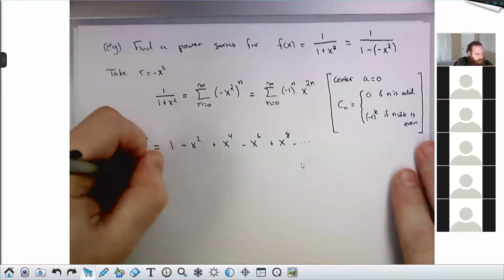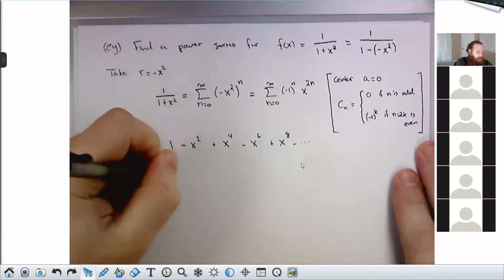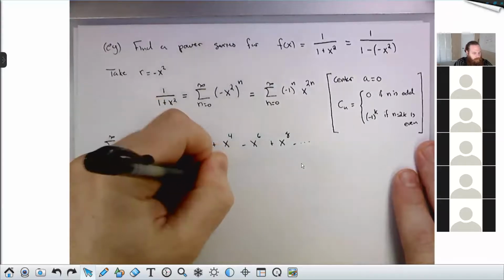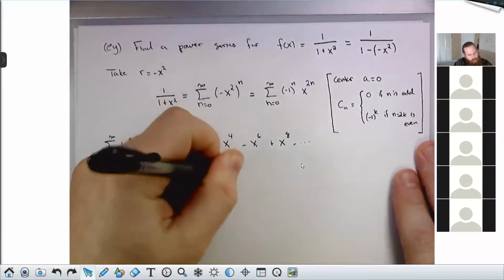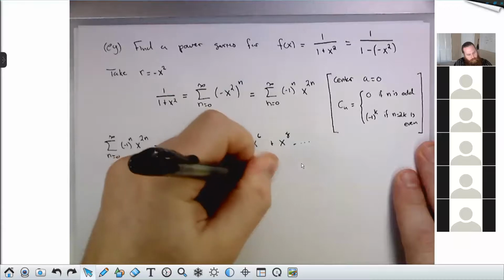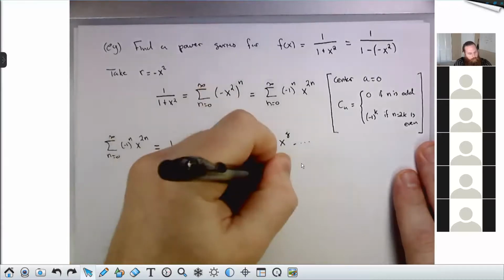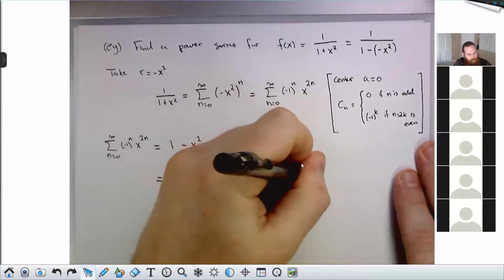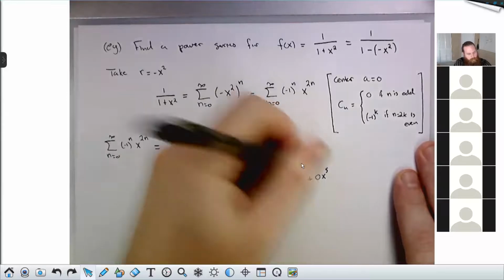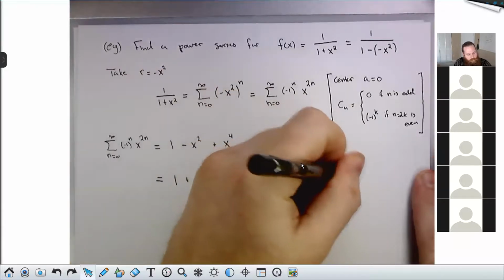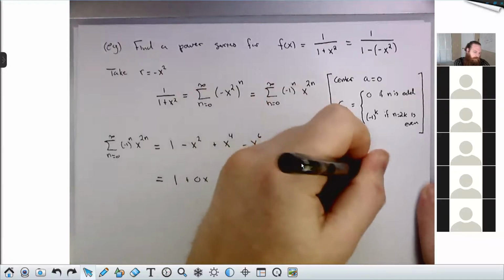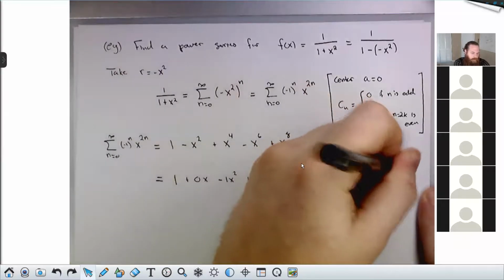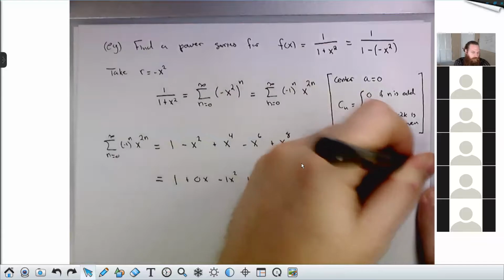Well, there are. It's just that their coefficients are all 0. This is 1 plus 0x minus 1x squared plus 0x cubed plus 1x to the 4 plus 0x to the 5 minus 1x to the 6 plus 0x to the 7 plus 1x to the 8, and so on.